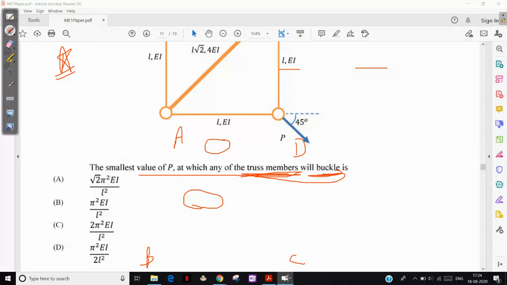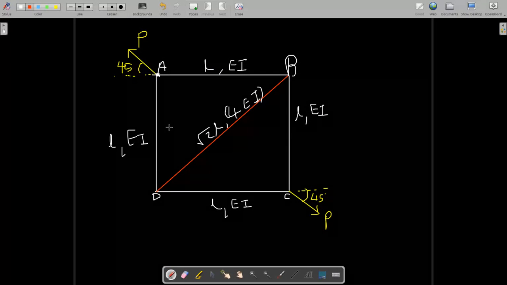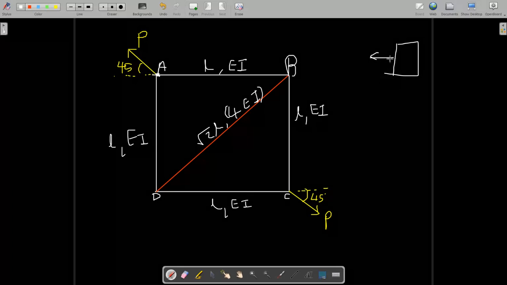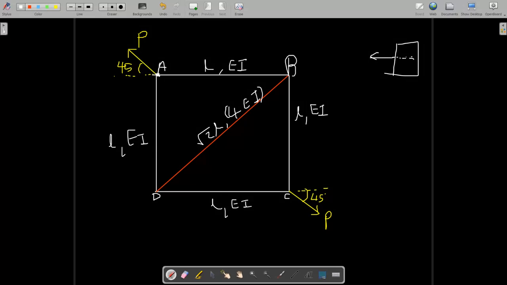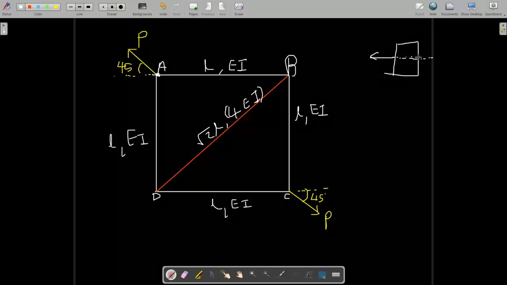So how can we solve this? Here I have already drawn it. This is the P force acting, and you have studied the line of action in basic mechanics. If a force is acting on a body at this point, it can be represented anywhere along its whole line of action like this. It can be represented from here also.